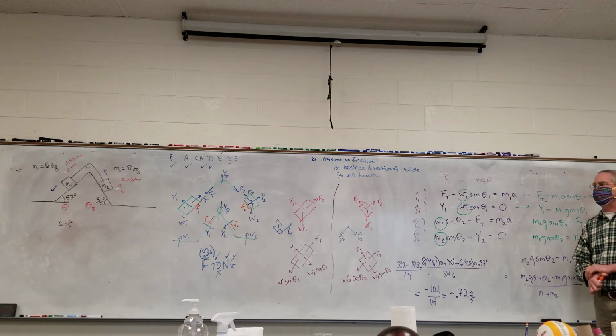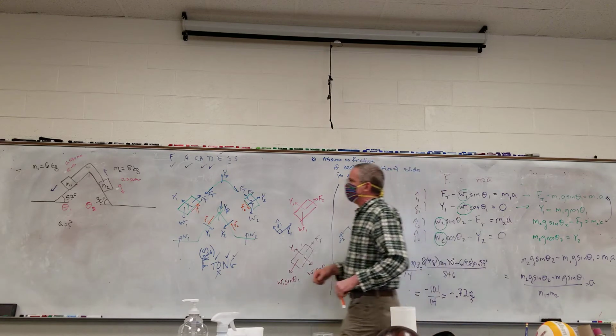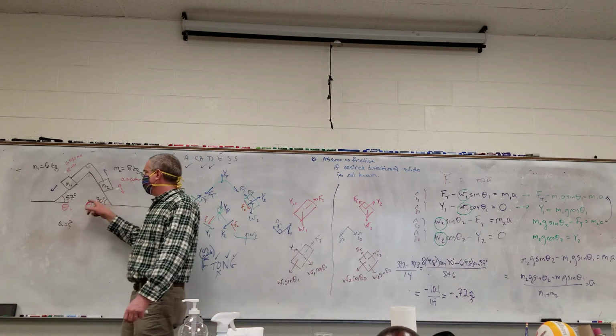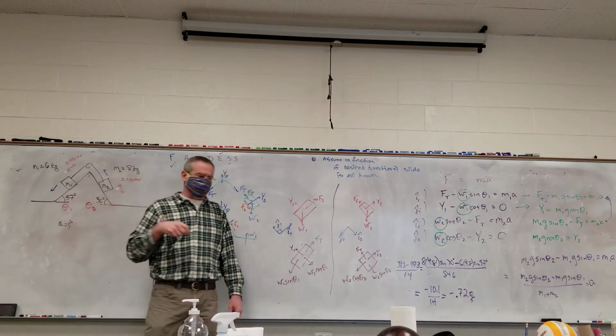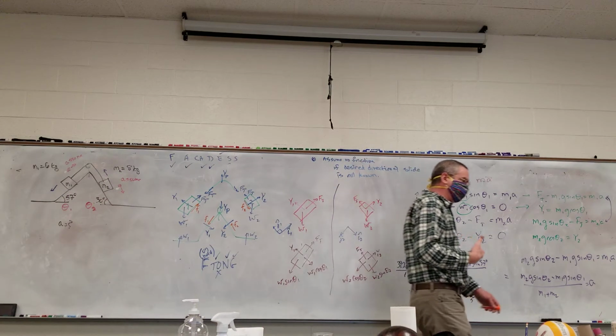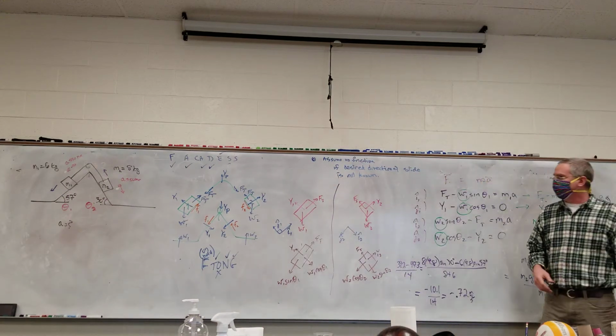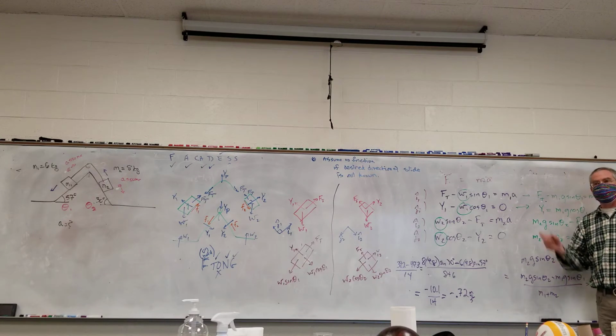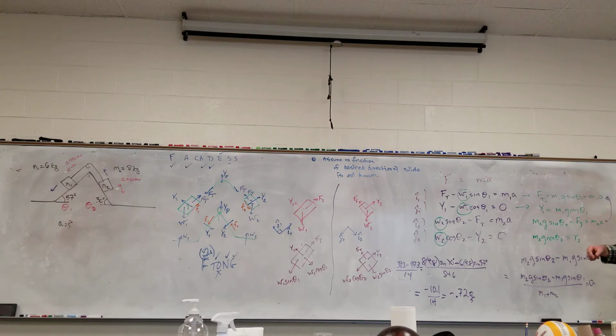So a couple of years ago, I gave a problem similar to this. I did not give one of the angles. I gave the masses, and I said, what does that angle need to be in order for it to be in equilibrium? In other words, equilibrium, acceleration is 0. So you would end up solving for theta 1 or theta 2, whichever one it didn't give.